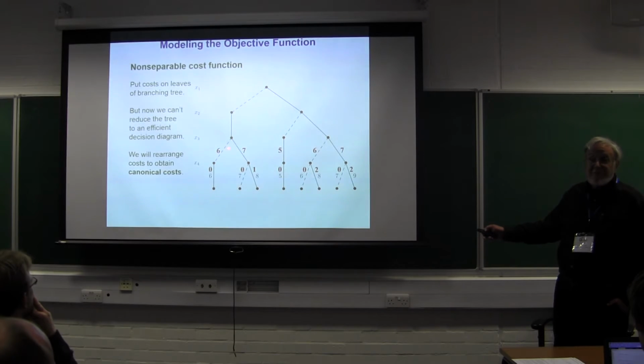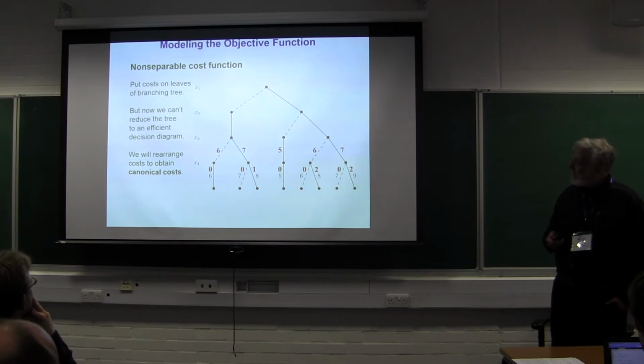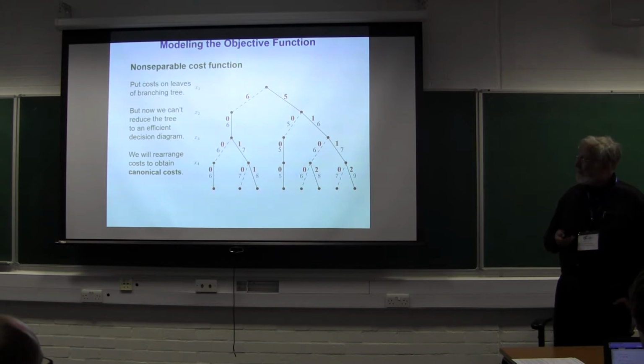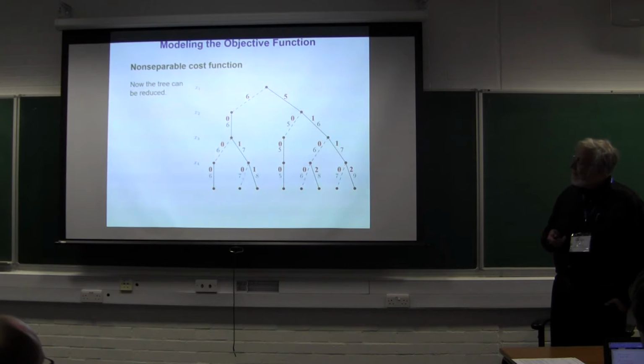So it's equivalent. You just keep doing this and work your way up. And now you can see there's a lot of isomorphism, like these two, for example. So this canonical cost representation allows you to reduce the tree.